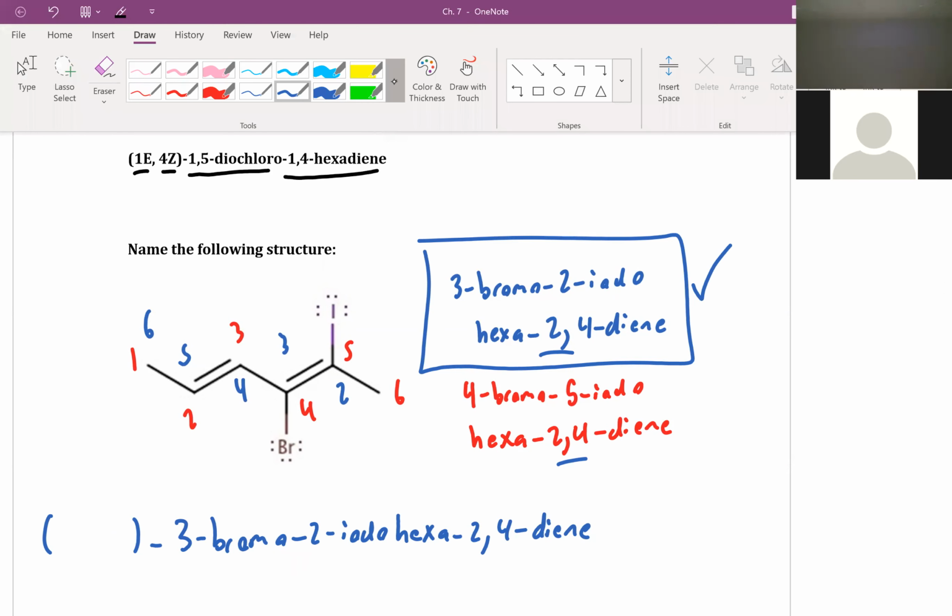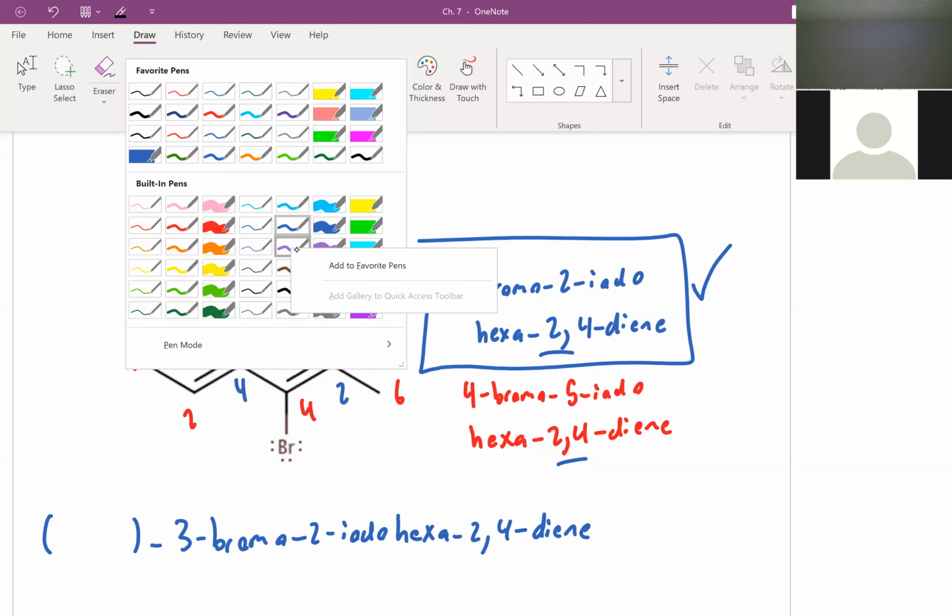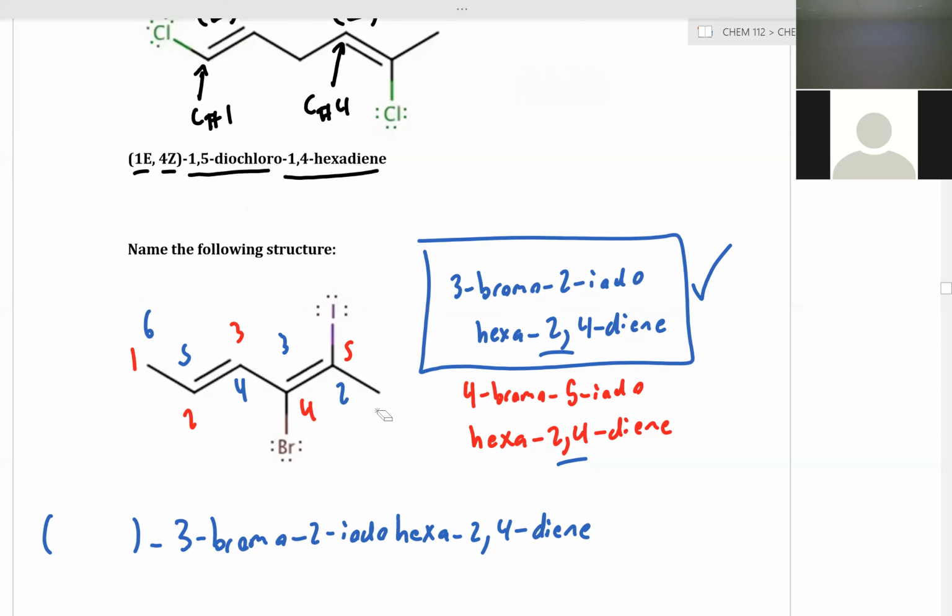And for that, I'm going to clear out my blue and red numbers. And now we're just going to think in terms of priority. Okay, so I am going to include my locant numbers here, just so that way I don't get my olefins mixed up.